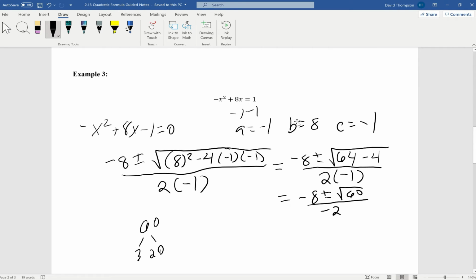So we just want to confirm our answers. We can remember we can write this as negative 8 plus root 60 all over negative 2, or negative 8 minus root 60 all over negative 2. Let's check our answers using the graph.